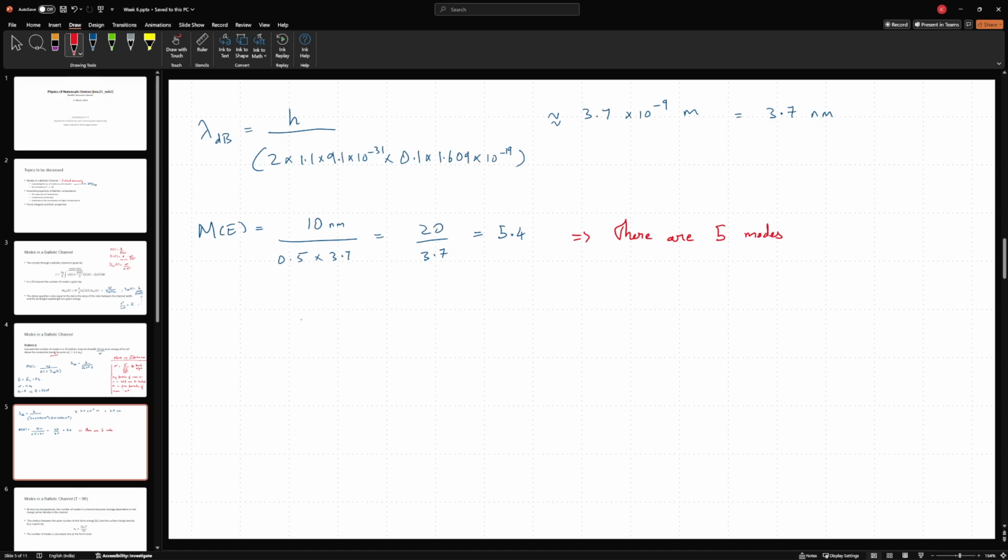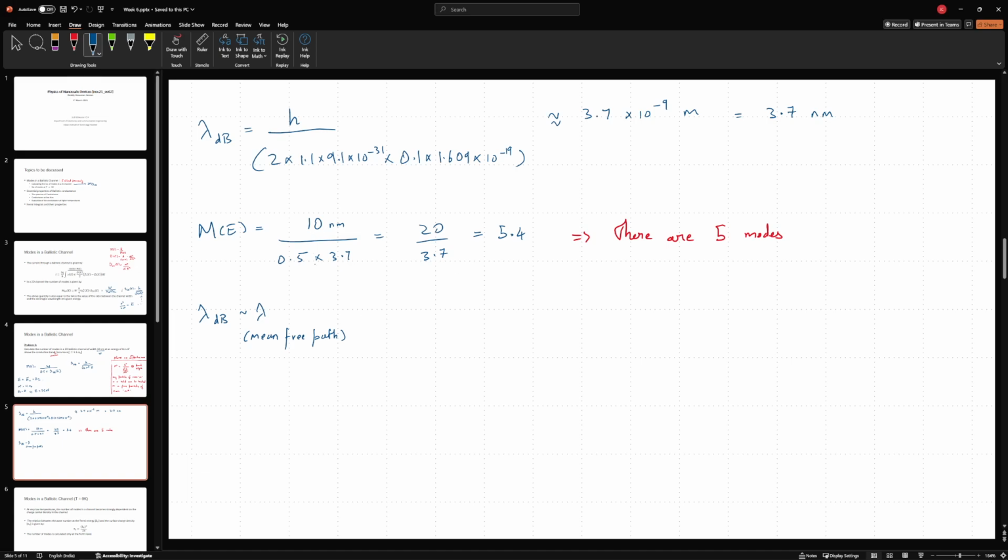However, we can observe that lambda dB, which kind of plays the role of the mean free path, is actually smaller compared to the width of the channel.